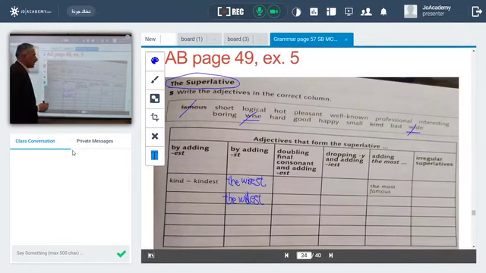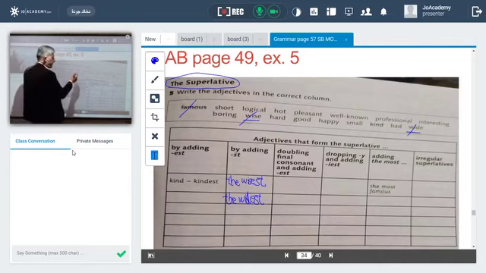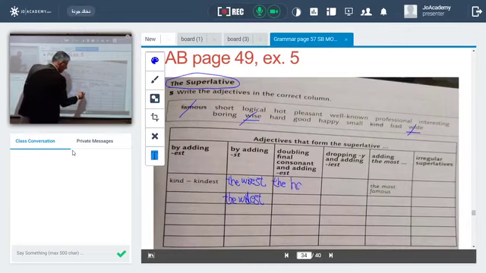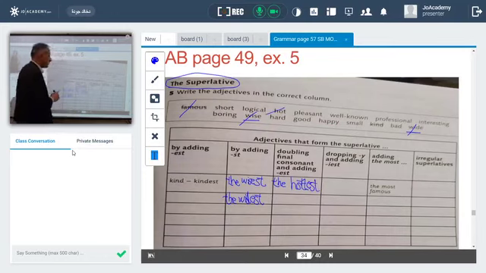Good. Then doubling the final consonant and adding est. In this case we have to double the last one and add est. We have here also hot, it becomes the hottest, double T, est, the hottest. Okay, what else?